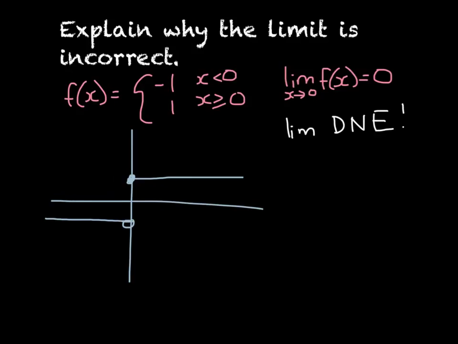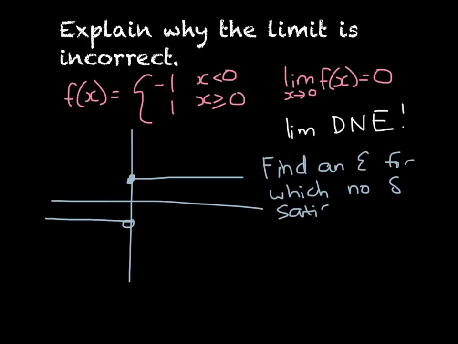But how can we prove that this limit is incorrect? All we have to do is find one epsilon for which there is no delta that satisfies our definition of the limit.